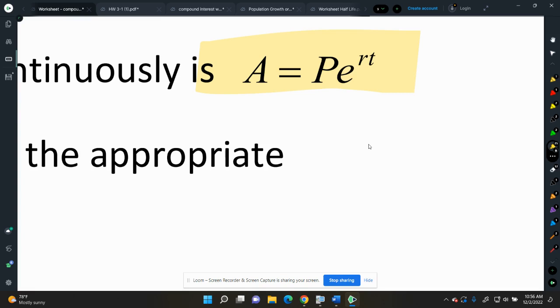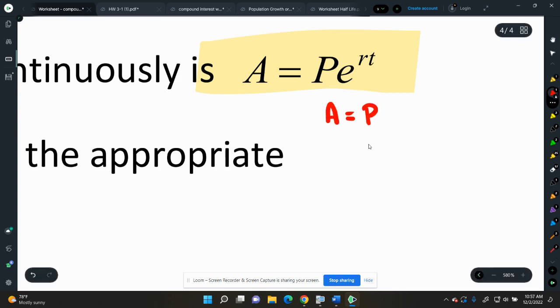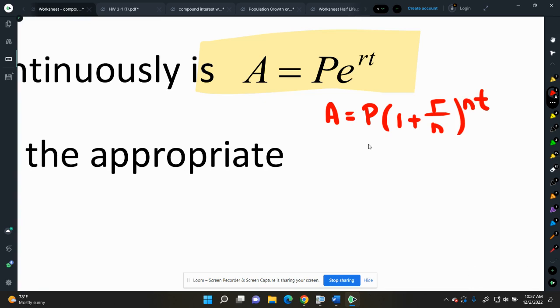So now we have, I'm just going to say, 2 formulas for compound interest. I'm not going to include the simple interest. This one, where I have a finite number of compounds, n is a number that I can actually count.